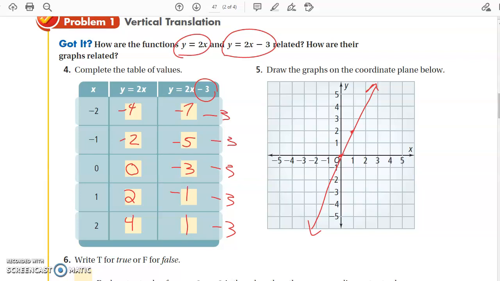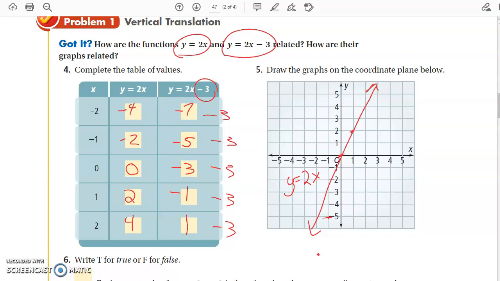This is y equals 2x. Now we have 2x minus 3. Let's just pick a couple points here. -2 and -7, right? It's way off the graph, but it's going to be down here. Let's do -1, -5, right here.